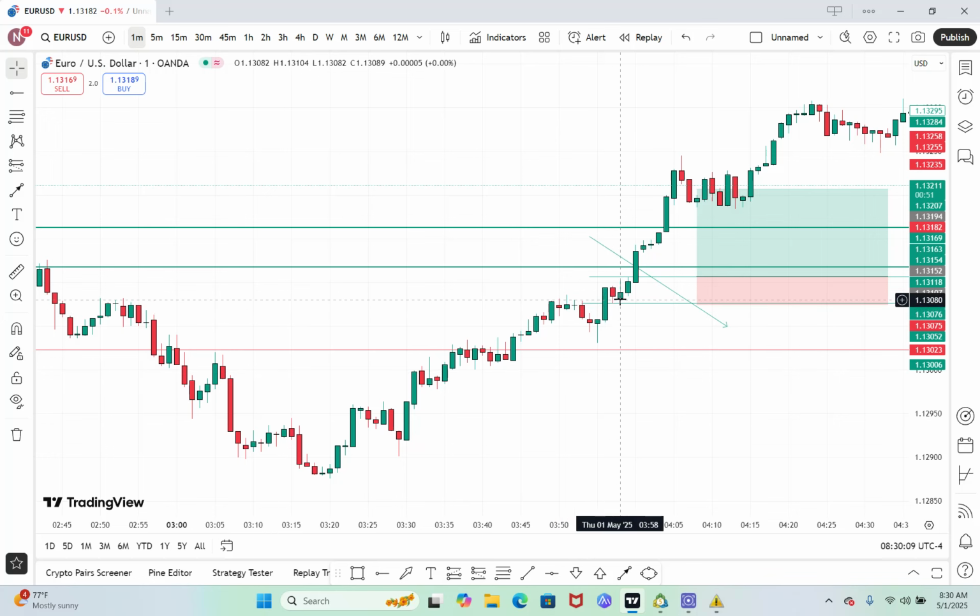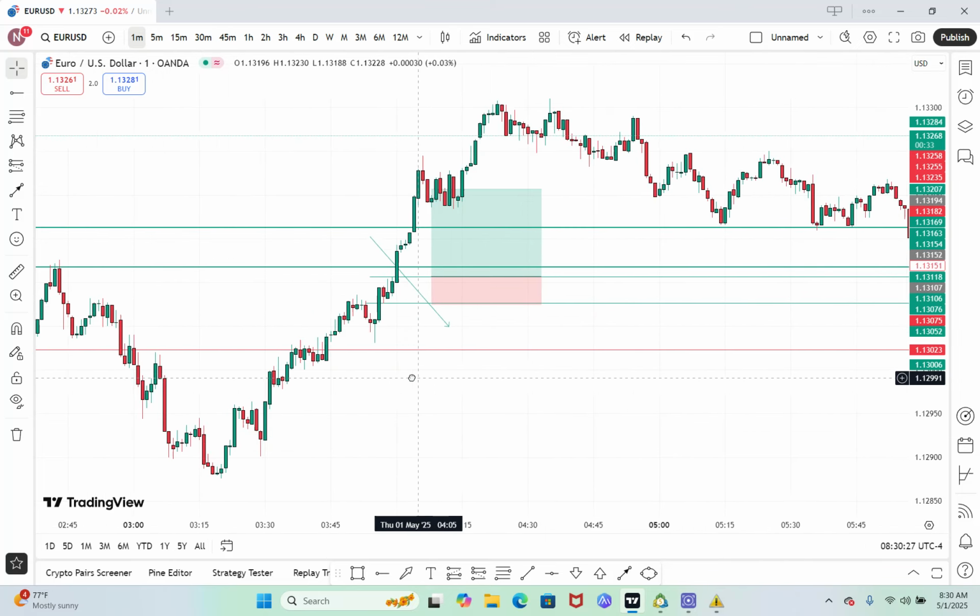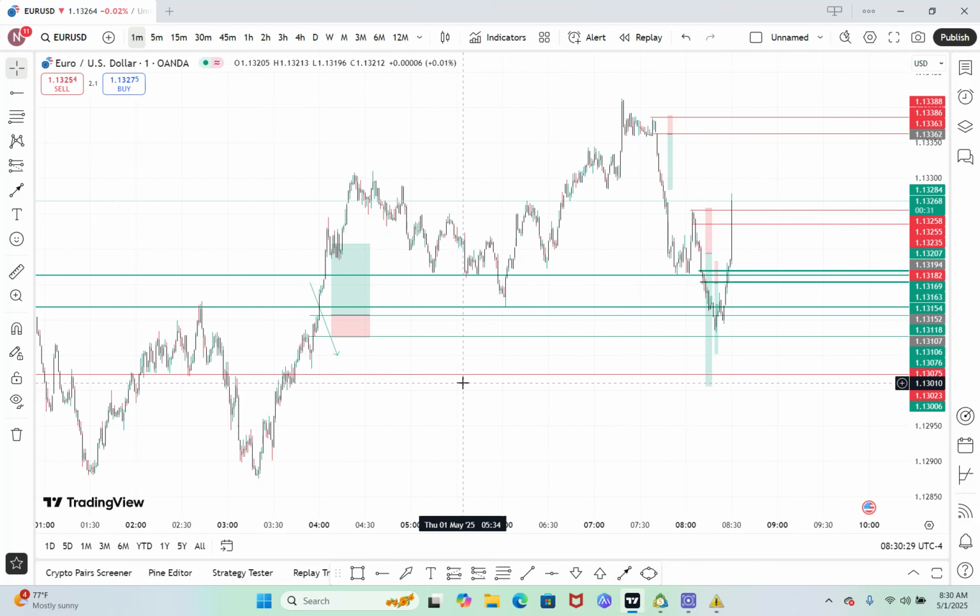Strong structure with a strong bull engulfing candle to the upside, which indicates to us that strong buyers were in this area to break above this structure, right? So chances are the market did not come back to this area.